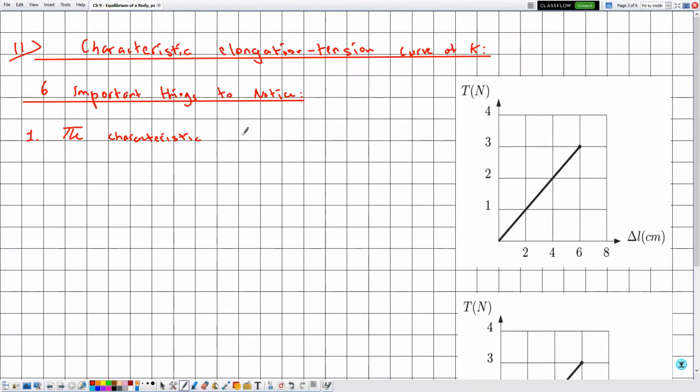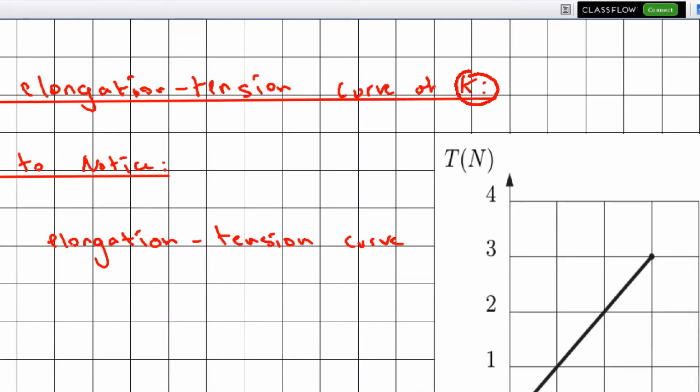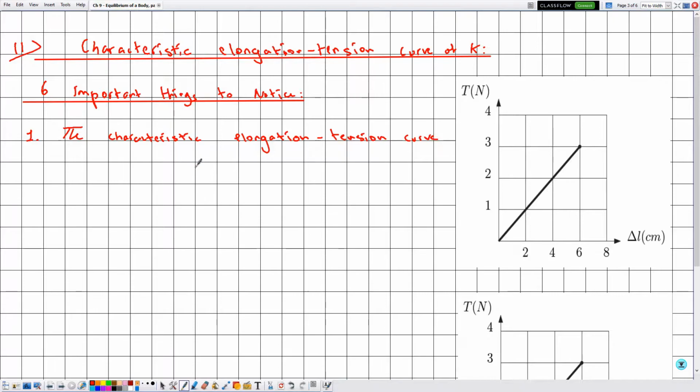Then the characteristic elongation tension curve of which quantity? Of the stiffness K. So recall that K is a physical quantity, which is the stiffness, is a straight line passing through the origin.